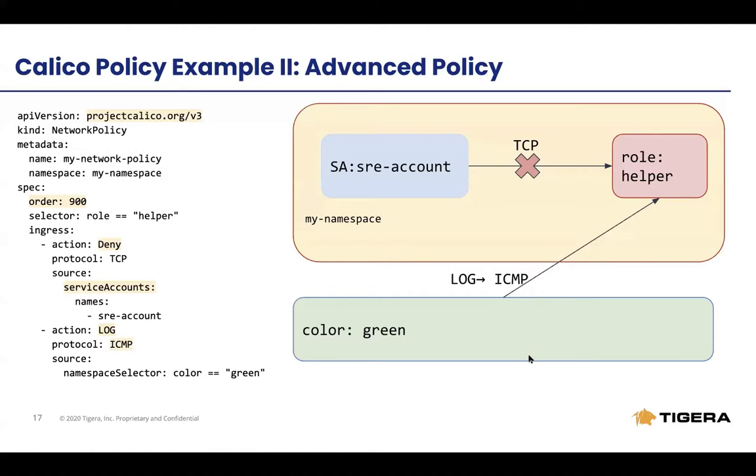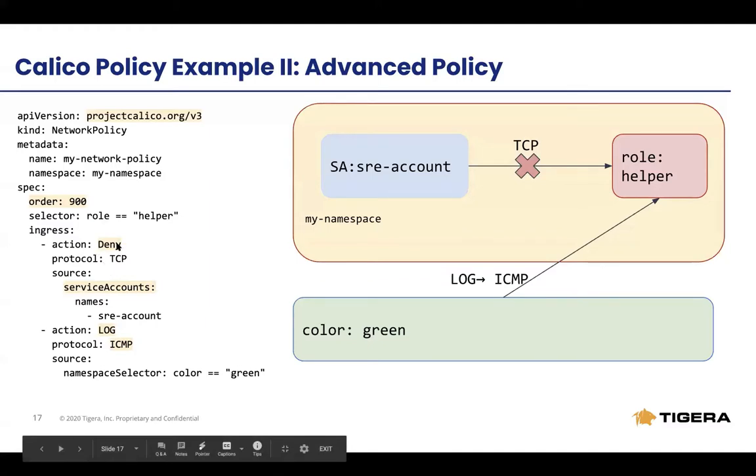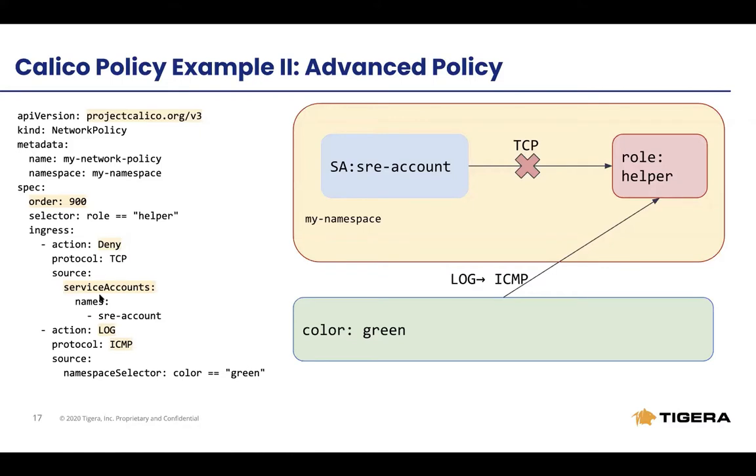Another, more advanced policy here does a couple of things. One is showcasing that there is an ordering capability within Calico Network Policies. We're specifying that we want to explicitly deny the traffic coming from this specific service account.